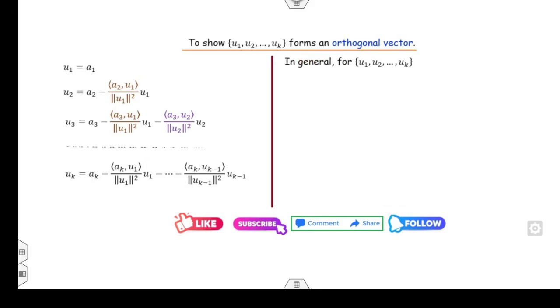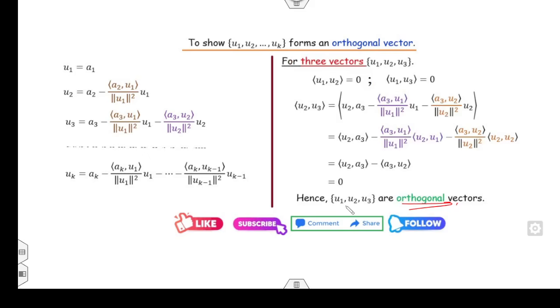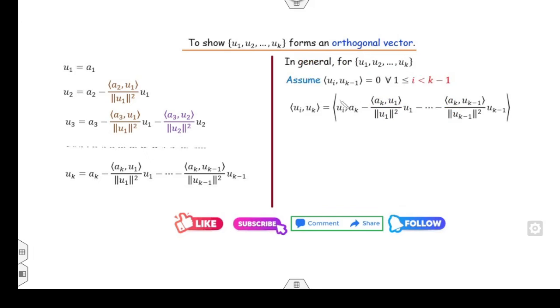Now, in general, how can you prove that? Because in this case u1, u2, u3 are orthogonal, in general I can assume u1 up to u(k minus 1) are orthogonal, and we can start with ui and uk. Again you can open this bracket. What will happen? It's ui ak minus this number will be outside.